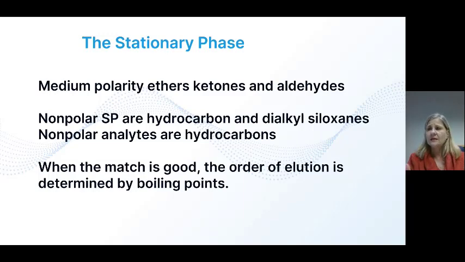If you have, say, terpenes that you want to separate, you would see that the lowest boiling point terpene would be the first one to elute, and the highest boiling point would normally be the last one, because you have attraction of your terpenes to your stationary phase. And then as you increase the temperature, it becomes volatilized and it starts moving in the mobile phase. So the order of elution is according to boiling point.